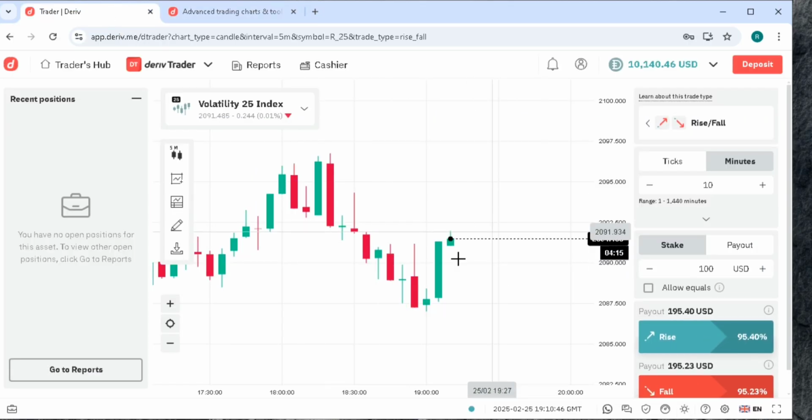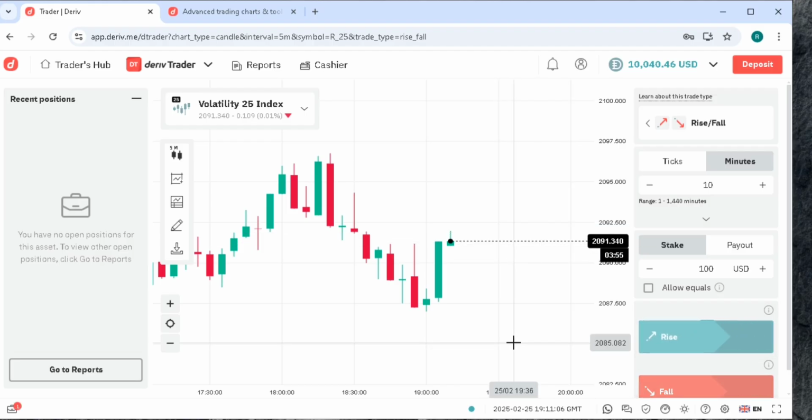So sometimes, let me show you another trick. When you are a bit late, you can wait for it to retest up to the point where you are supposed to start, and then you enter your market at that point. So in case you are a bit late, like now, we can enter at that point.